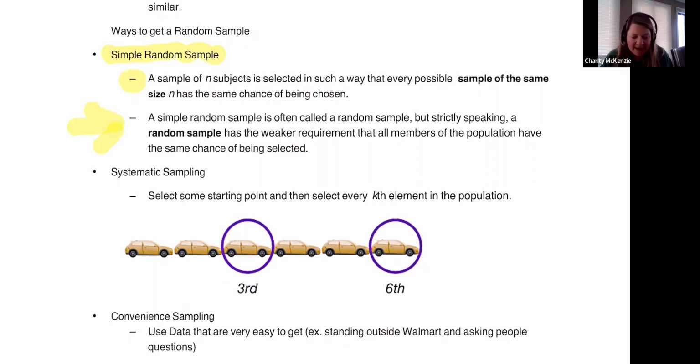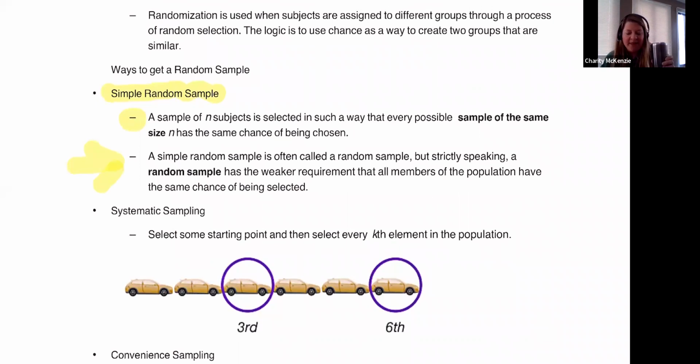So the simple random is selected in such a way that every possible sample of the same sample size has the same chance of being chosen. So I pick a sample, and I pick another sample. They have all the same chance to be chosen. It's kind of weird wording.